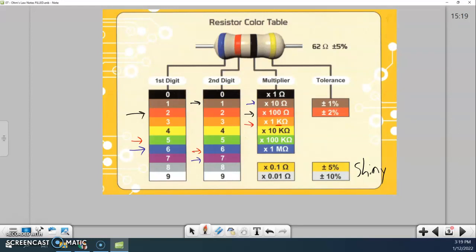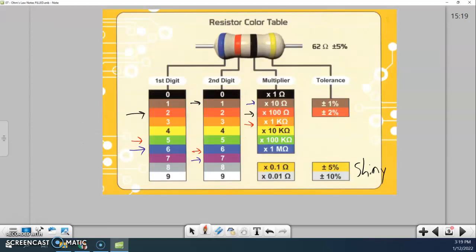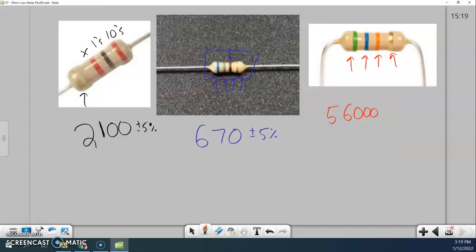What the heck? What's 1K? Oh, it's the old metric system here. 1K, 1 kilometer, 1 kilogram. It's 1,000. So this isn't 56. It is 56,000. Oh, and then we've got gold again. And gold is always plus or minus 5%. This is a big resistor, 56,000.